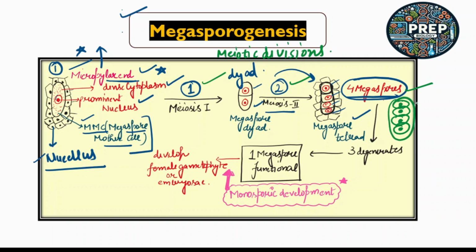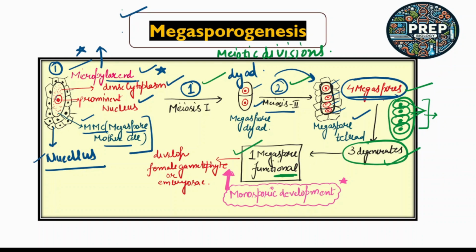Now, this point is very clear, listen carefully: out of 4, 3 megaspores degenerate and only 1 megaspore is functional.